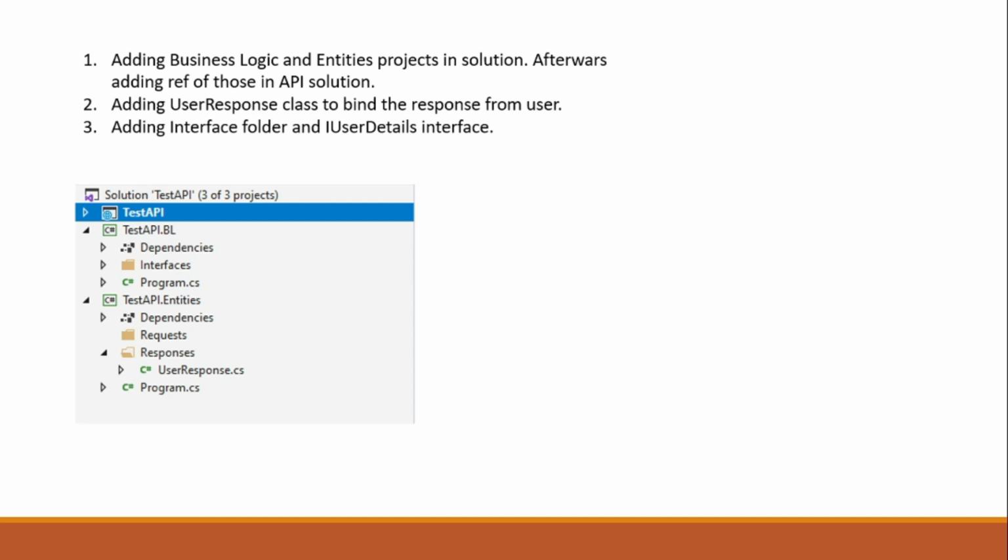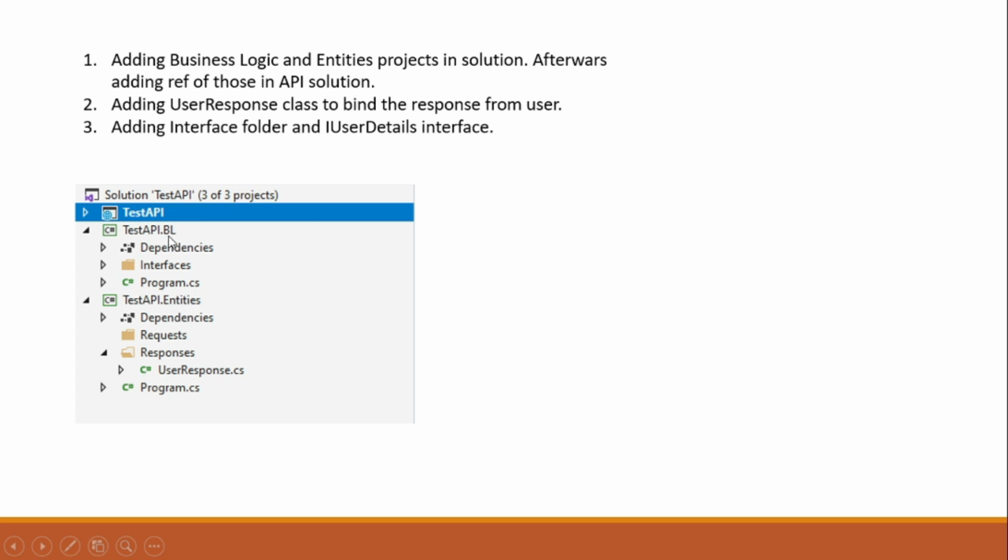So we already have this API solution, but apart from it we should also have some other solution, like test API business logics and entities. Why do we need this solution in a separate part?